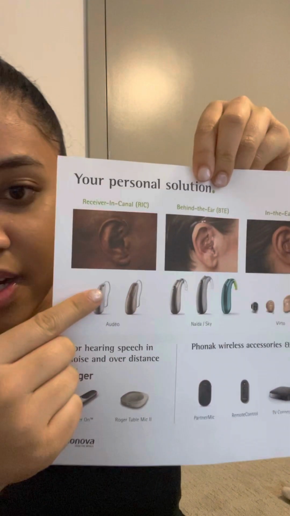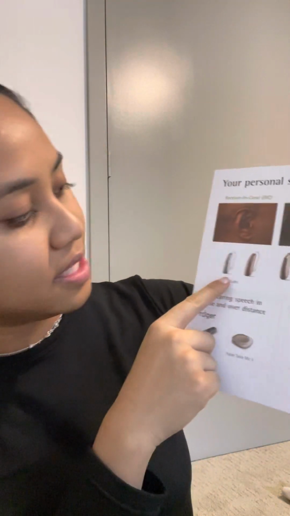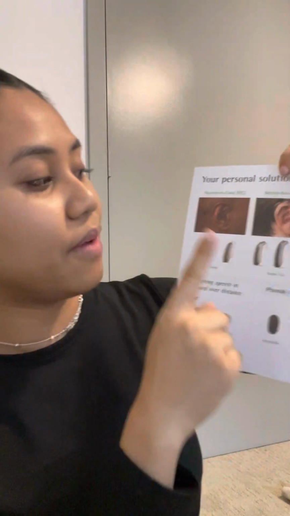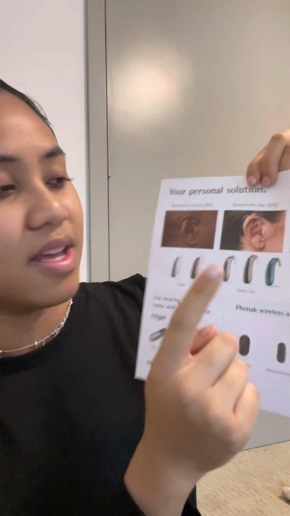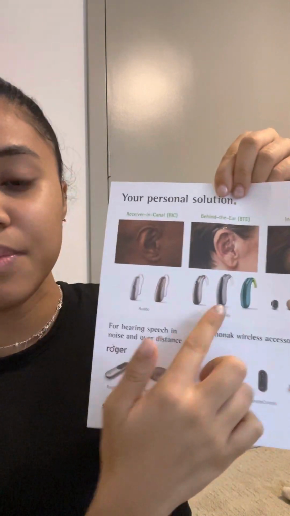There's this one right here. This is a receiver in the ear canal. And we've got the behind the ear option. They're very similar in that the hearing aid sits on top, behind the top of your ear.